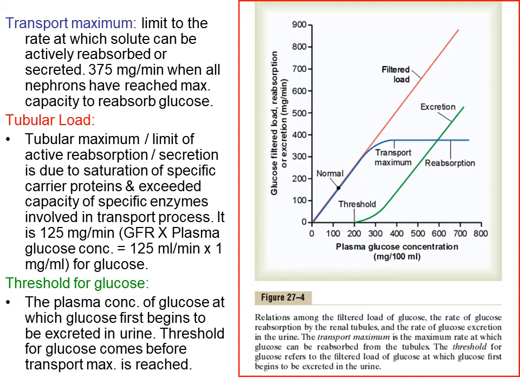This limit is due to the saturation of specific transport systems which are involved when the amount of the solute delivered to the tubule, which is known as the tubular load, exceeds the capacity of the carrier and the specific enzymes which are involved in the transport process.